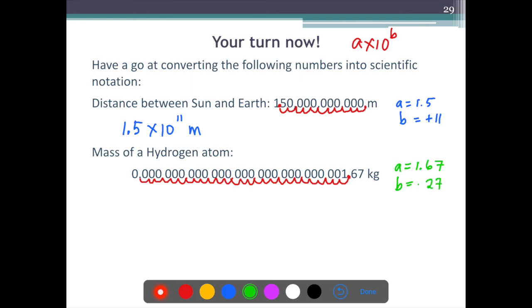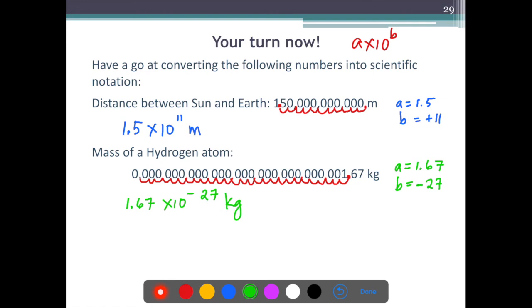But we move the decimal point to the right, so that will be a negative 27. So we write our number, the mass of the hydrogen atom, as 1.67 times 10 to the negative 27, and don't forget the unit, kilograms.